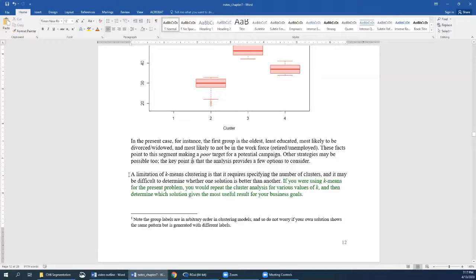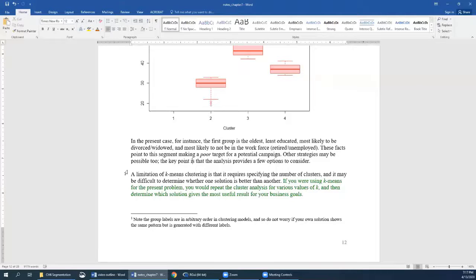A key limitation of k-means clustering is that it requires specifying the number of clusters. Remember, I had to set centers to equal 4, and that makes it difficult to determine whether one solution is better than another. So if you're going to be using k-means, which is one of the most common methods of clustering out there, you want to be sure that you repeat the clustering analysis for a variety of values of k, and then determine which group of clusters and which segments are the most informative for your business goals.